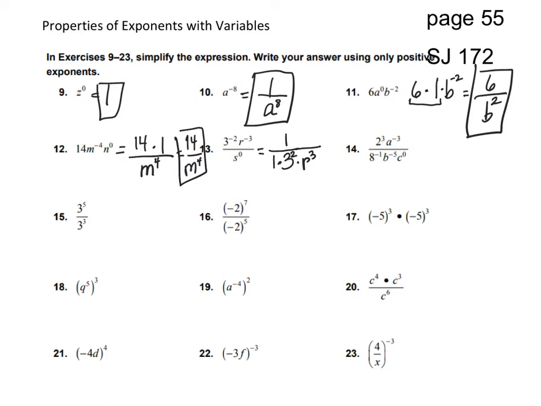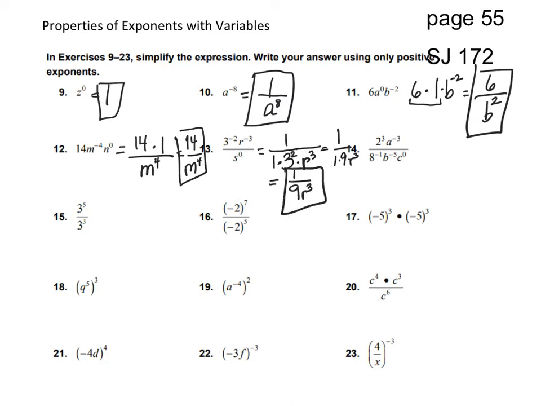There's nothing in the numerator. Then to simplify, I have 1 over 1 times 9 times r to the 3rd, and the best way to write that answer is 9r to the 3rd power, or 9r cubed.